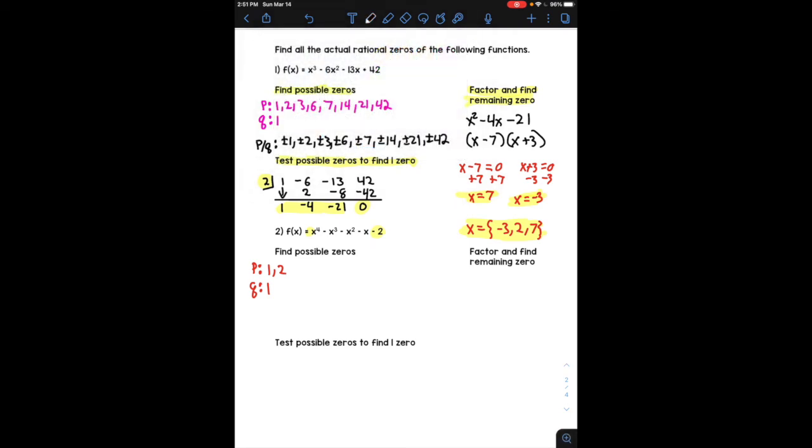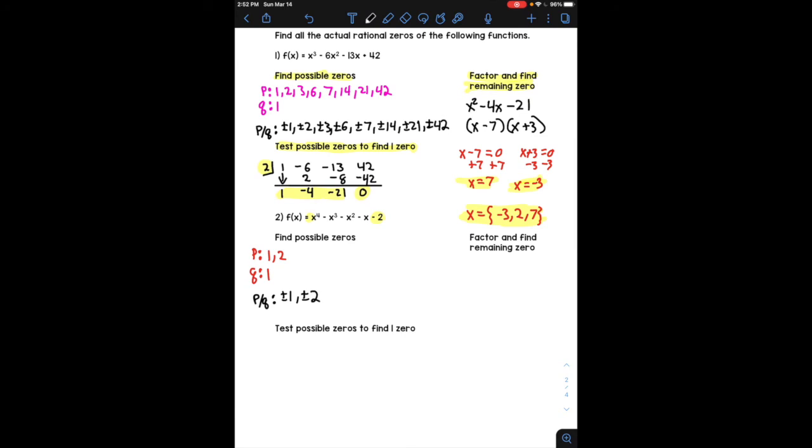P over Q is going to give us positive and negative 1, positive and negative 2. Out of these 4 possible zeros, we're going to guess and check until we find at least 1. Then we'll use that 1 to find other zeros or other solutions.